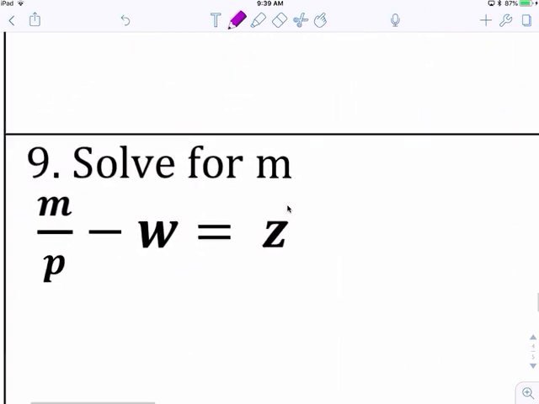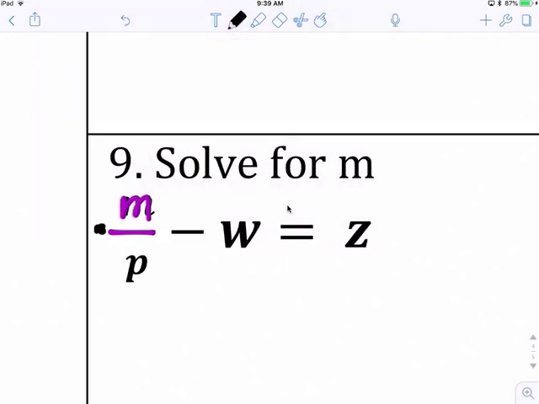Find M. Well, you want to isolate M, so you need to get rid of this P. Well, the least common denominator is P, so times it by P. Another way you can do this is, okay, I need to make 0 first. I add W, right?